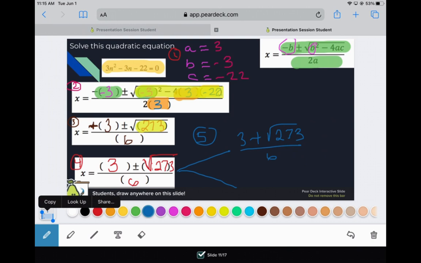It's exactly the same thing as in step 4, but now instead of plus minus, I split it so one is plus and the other one is minus. So I'm writing the same thing, but this time I have 3 minus square root of 273 over 6. That is step number 5, and that is my final answer. So if you missed class last week, that's what we covered.